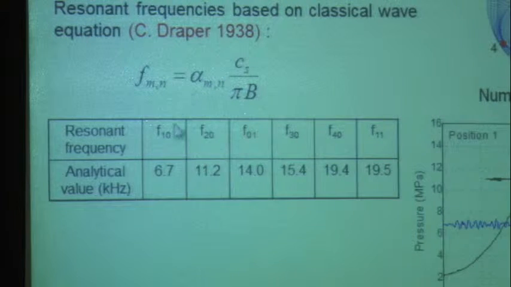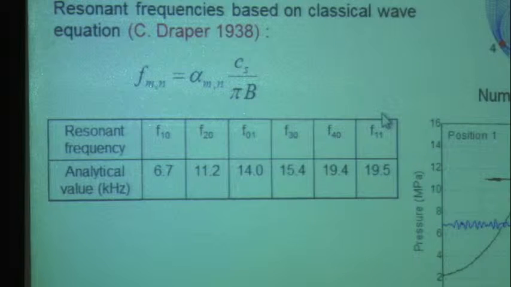There are various resonant modes, radial and circumferential modes. I'll talk more about them in a minute. But basically there's a certain frequency associated with those waves. For our particular case, we saw that the resonant frequencies were in a range between 6 and roughly 20 kilohertz. So we filter the calculated pressure trace in the range of 5 to 25 kilohertz to make sure that we capture all of these resonant frequencies.